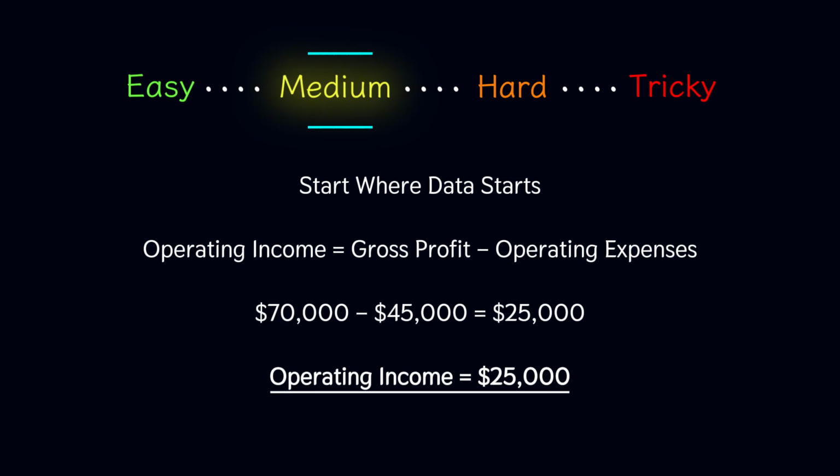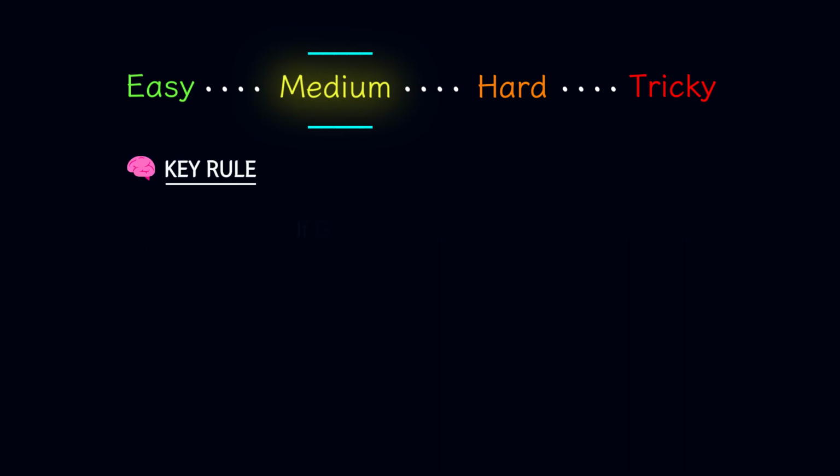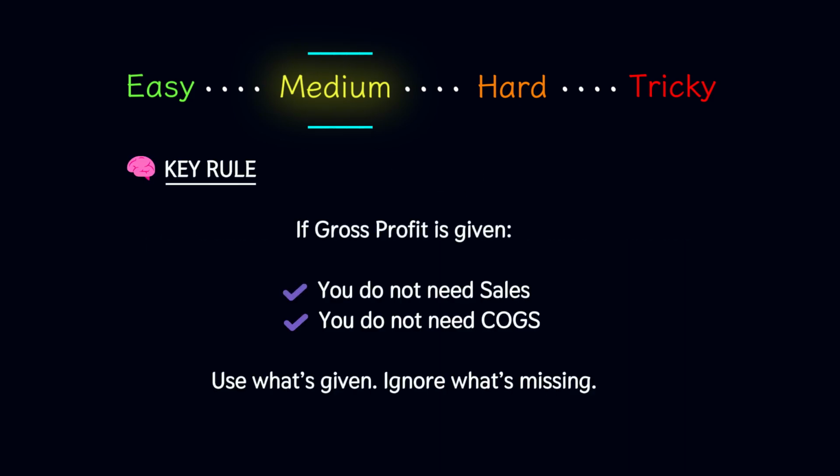Gross profit is already given, so we take 70,000, subtract operating expenses. 70,000 minus 45,000 equals 25,000. Now subtract interest expense. 25,000 minus 5,000 equals $20,000. That is net income. Here's the key lesson. You don't need sales to calculate net income if gross profit is given. Use what you're given. Ignore what's missing.